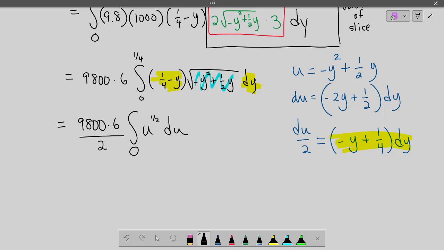If we plug in 1/4 here, we will get negative 1/16 plus 1/8. Negative 1/16 plus 1/8 is 1/16. Right? 2/16 make up an eighth. If we subtract off 1/16, we're left with a 16th. So we will be right there.